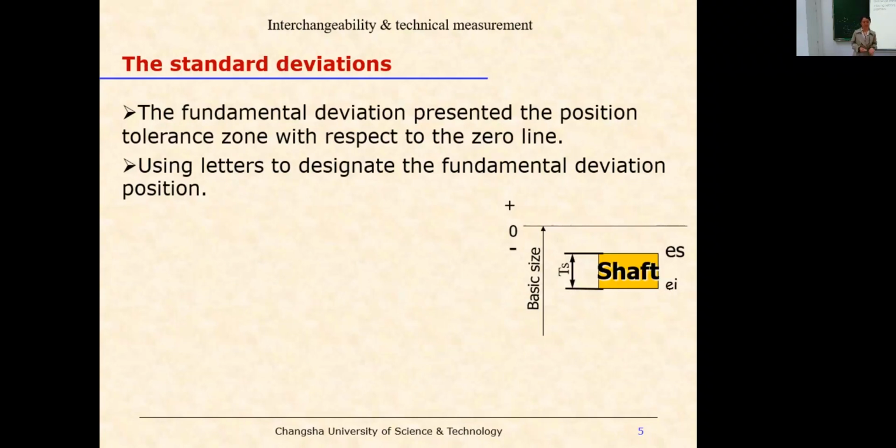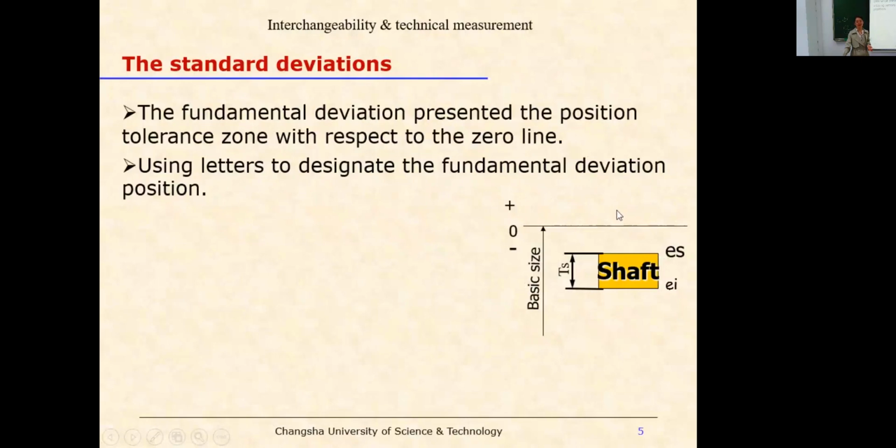It presents the position of the tolerance with respect to the 0 line. So this is the fundamental position. It's close to the 0 line. So this is the 0 line. So for the shaft, there is the up deviation, right? So for the hole is the low deviation, right?